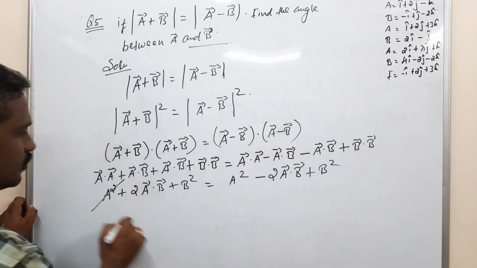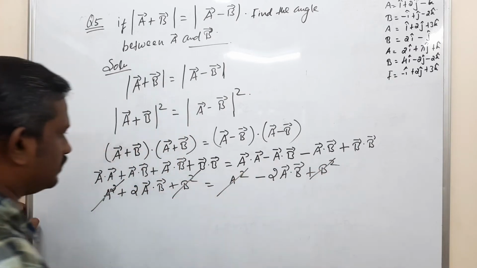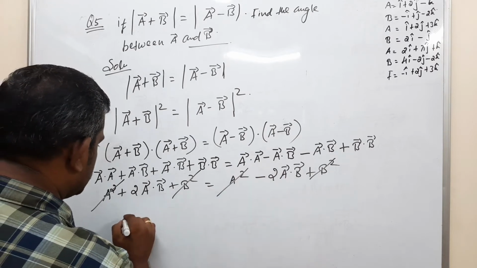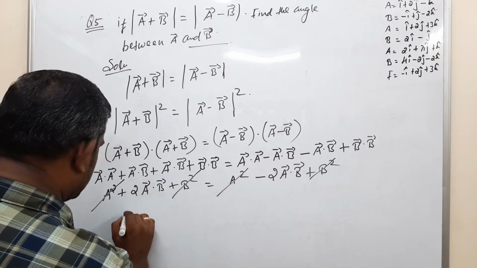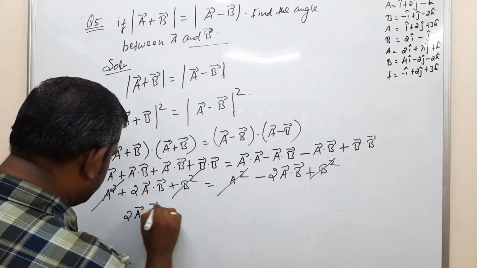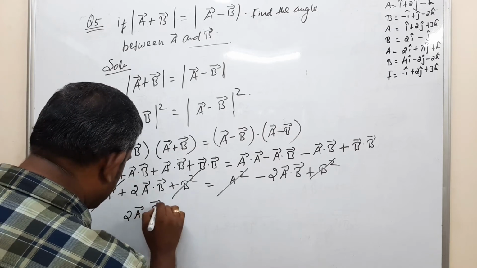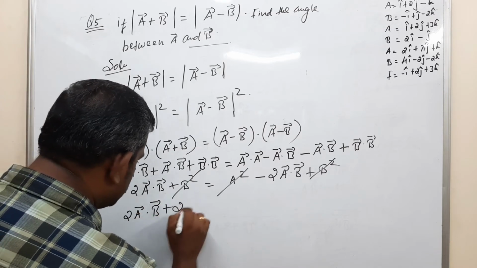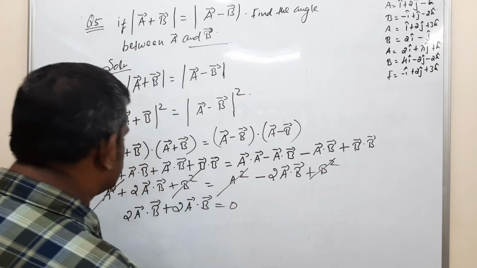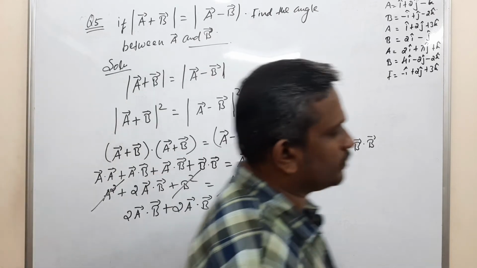So this A square cancels, B square cancels. Bring this to this side. So we will get 2 A vector dot B vector plus 2 A vector dot B vector is equal to 0.